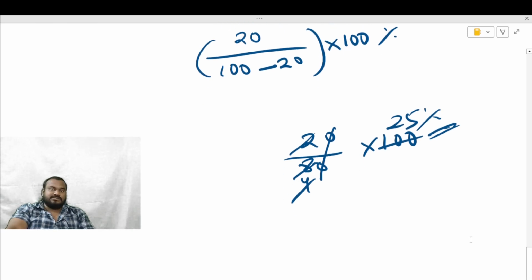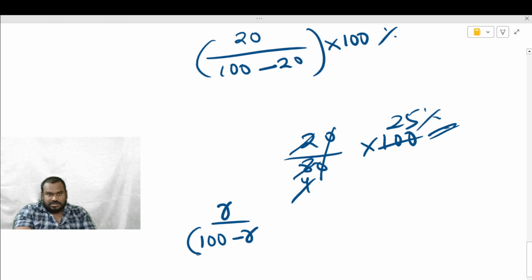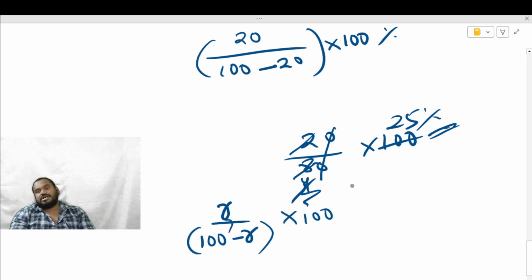I hope you understand. What are the two formulas? I'm writing here, point 1. Just remember the formulas. R by 100 minus R into 100.